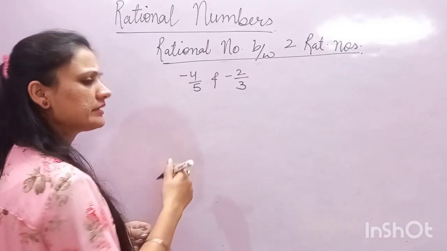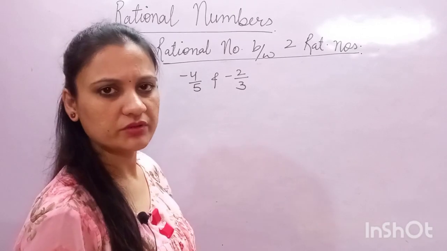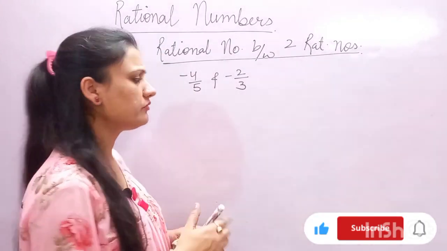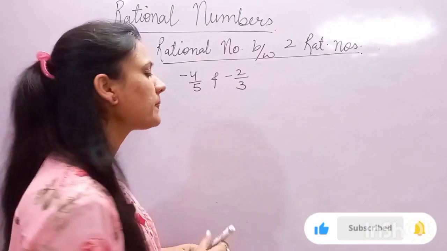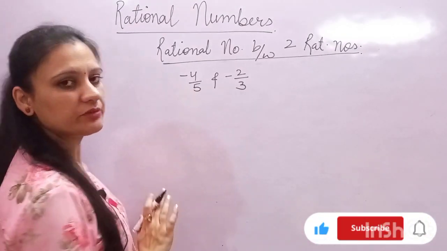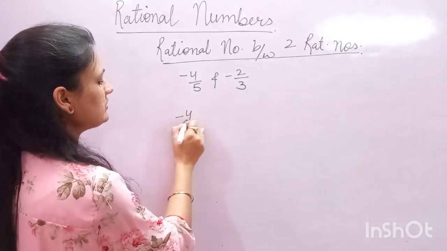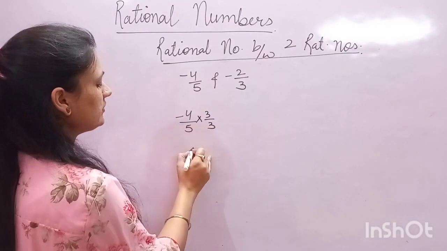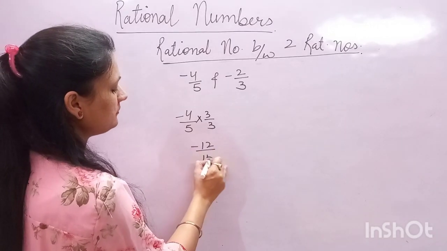There are many ways to make the denominators the same, but the simplest is the LCM. So here the LCM of 5 and 3 will be 15. How to convert this 5 into 15? Multiply by 3. So minus 12 by 15.